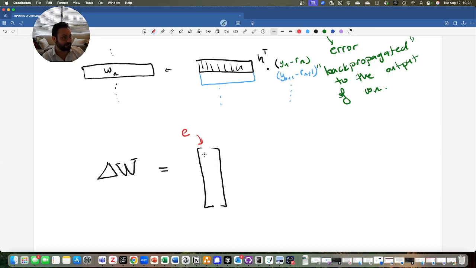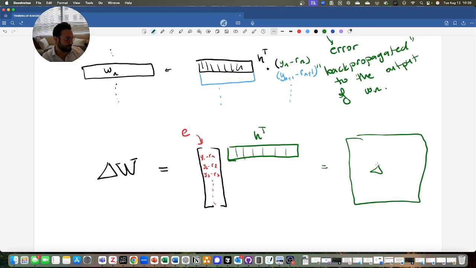My grad is going to be y1 minus r1, y2 minus r2, y3 minus r3, yada, yada, yada, with an outer product with H transpose, right? And notice how the shape actually matches. So I will have a delta W, which is the same shape as the W, with as many rows as its outputs, makes sense, and as many columns as its inputs.